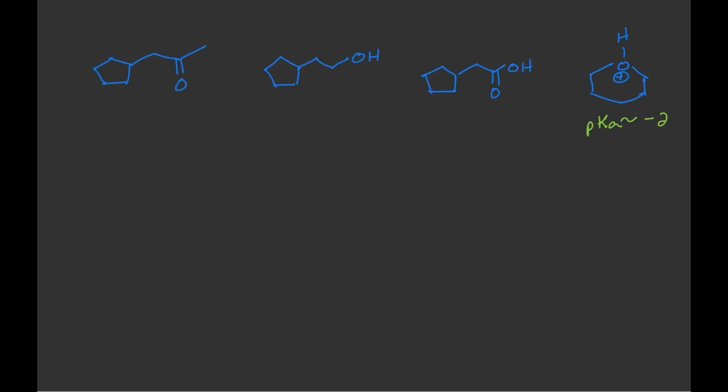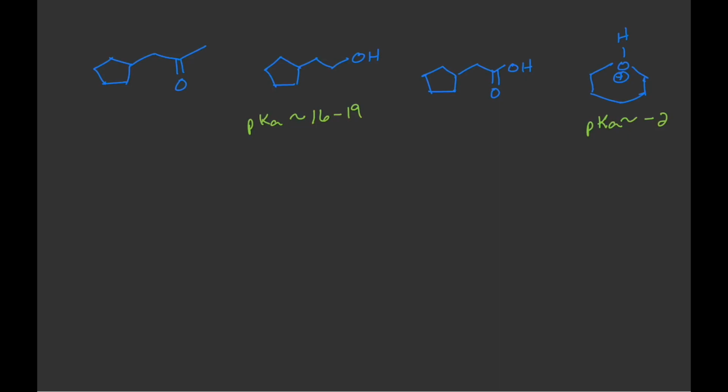Okay, if we look back to our alcohols from the last example, we'll remember that alcohols have a pKa of, again, around 16 to 19. So they can be acidic, but they're not the most acidic species that we have.